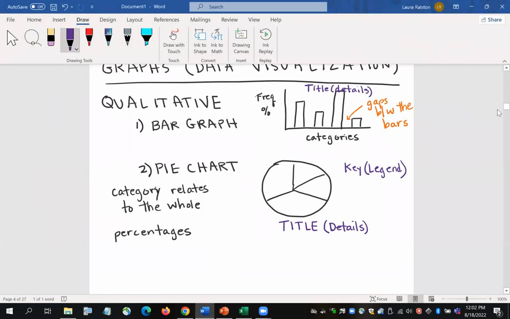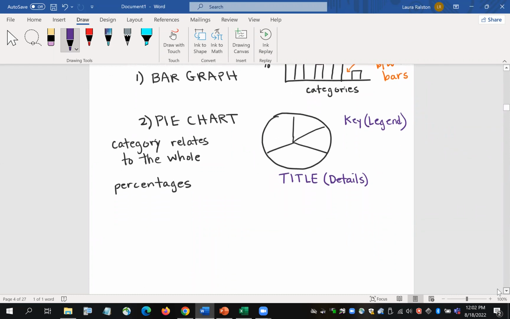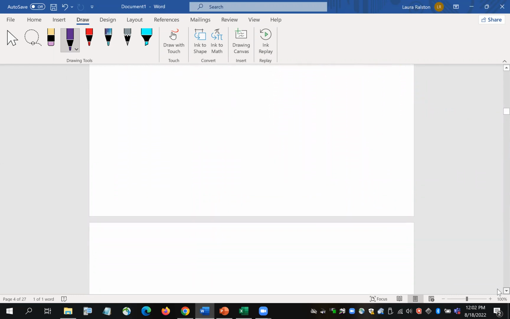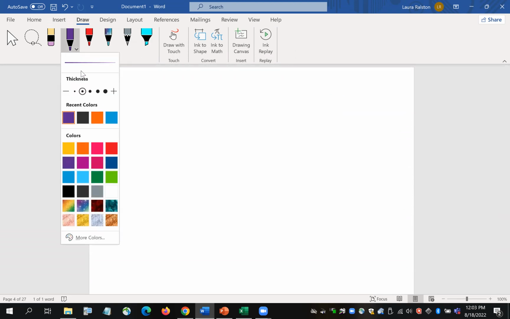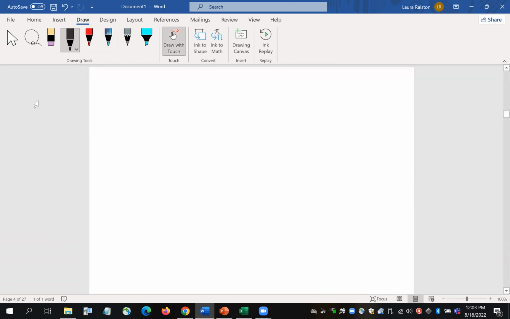Okay, let's talk for a minute about quantitative. We've got about 13 minutes left by my clock. Now, because quantitative data is numbers, we really can do a whole lot more with it, and there are a lot more graphs that we could create. Again, we limit ourselves in what we talk about in this course.